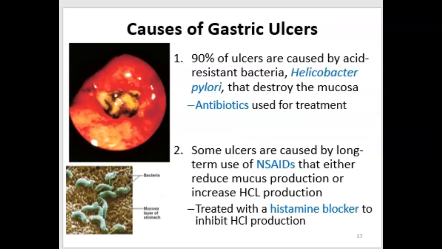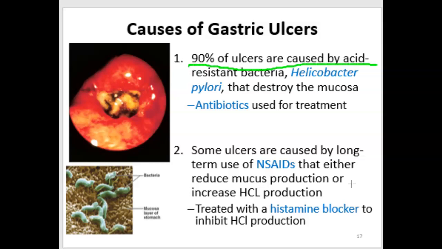You might have heard of gastric acid production causing ulcers in the stomach. And an ulcer is kind of like a breakthrough in the wall, the lining of an organ. Well, it turns out that most gastric ulcers are not due to acid at all. 90% of ulcers are caused by a bacterium that's able to live in the stomach because it is acid resistant.